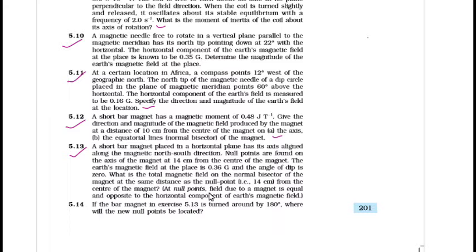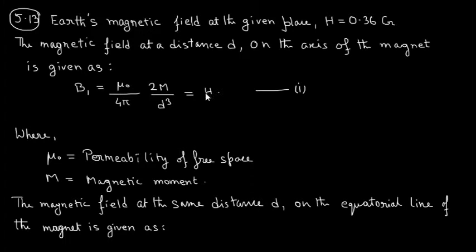Let us see the solution. Earth's magnetic field is given by H is equal to 0.36 G. The magnetic field at a distance d on the axis of the magnet is given as B1 is equal to mu naught upon 4 pi multiplied by 2m upon d cube is equal to H. Equation number 1.